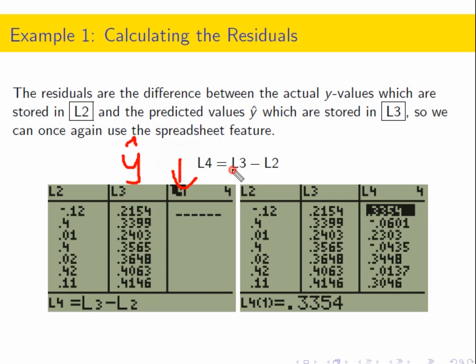The y-hats are in L3, the actual observed y values are in L2, so L4 is going to be the residuals. Again, you're just using the spreadsheet function on your calculator: arrow up to where the list name is backlit, and type in L3 minus L2, so that's second and the number 3 key minus second and the number 2 key. Hit enter and you'll have these residuals.